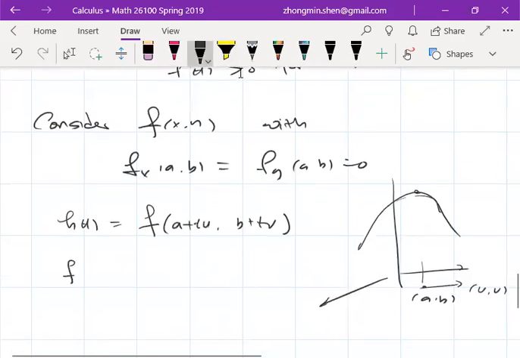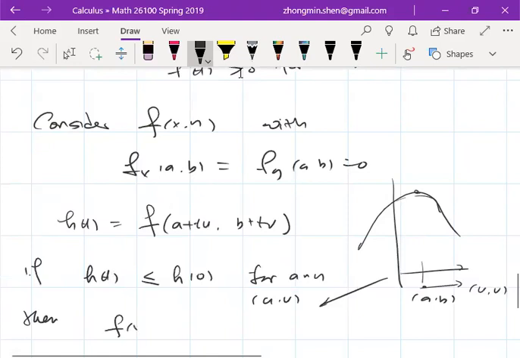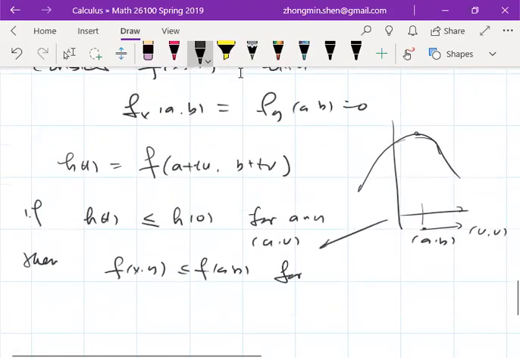If h of t is less than or equal to h of 0 for any direction, then you can see that f of x and y is less than or equal to f of a and b for any x and y close to a, b.